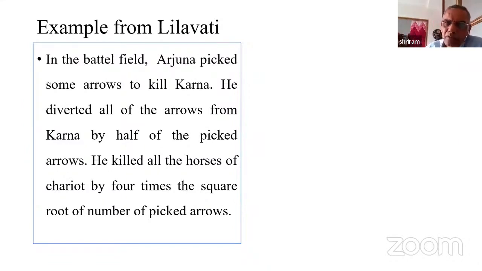Whichever arrows he picked, half of it he used to divert the arrows coming from Karna. Secondly, he killed all the horses of the chariot by 4 times the square root of the number of picked arrows. Here exactly that quadratic equation form appears.